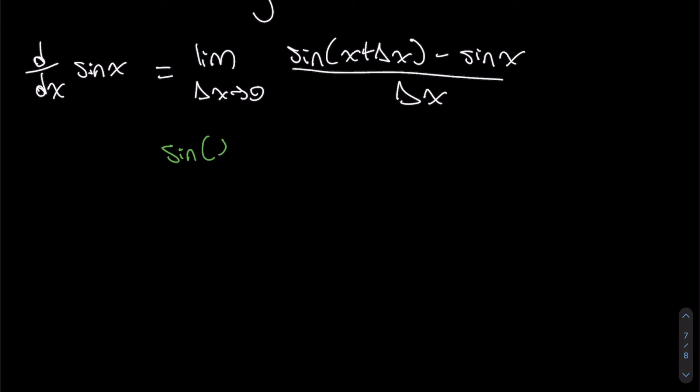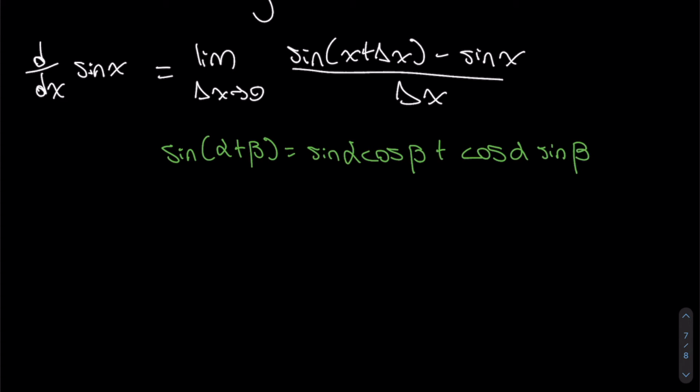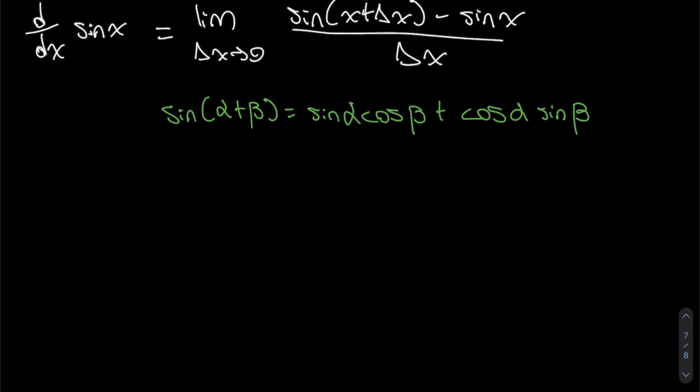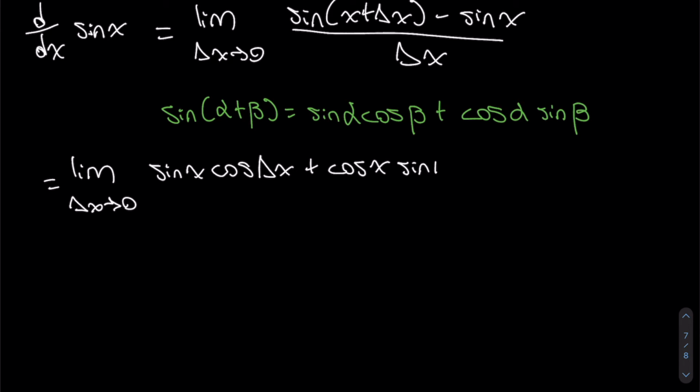That is sine of alpha plus beta equals sine alpha cos beta plus cos alpha sine beta. So that's a little trig identity that we need to know to do this. So this is sine x cos delta x plus cos x sine delta x minus sine of x.